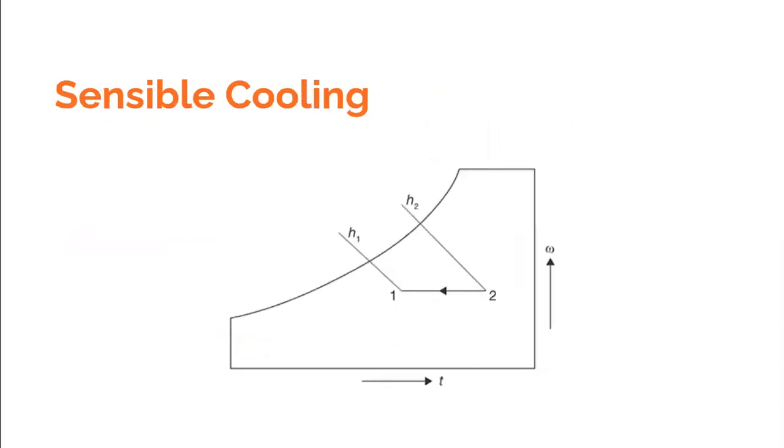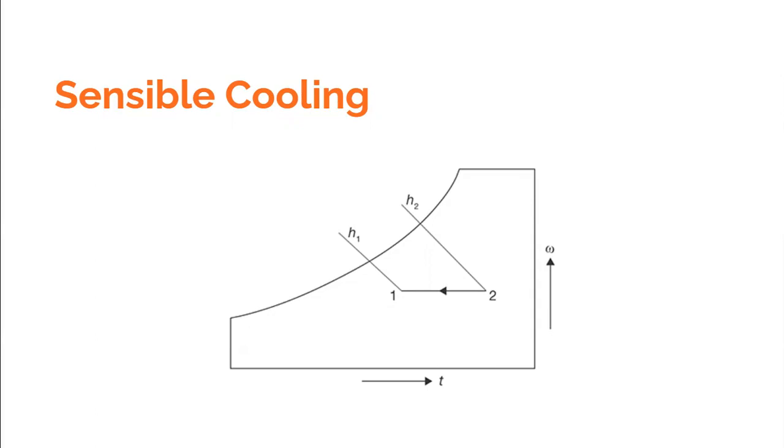For example, this process which you see being represented on the psychrometric chart is the sensible cooling. By sensible cooling, what we mean is that the specific humidity does not change, but the temperature drops down. So the process which you see over here is the temperature dropping down from T2 to T1.